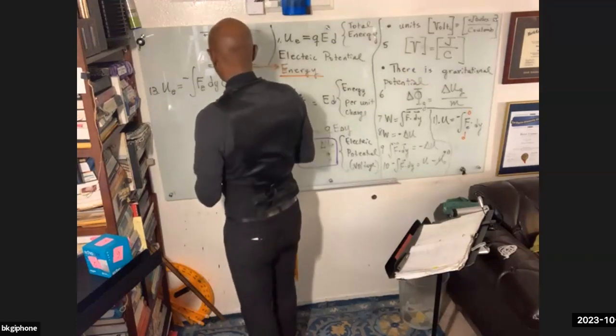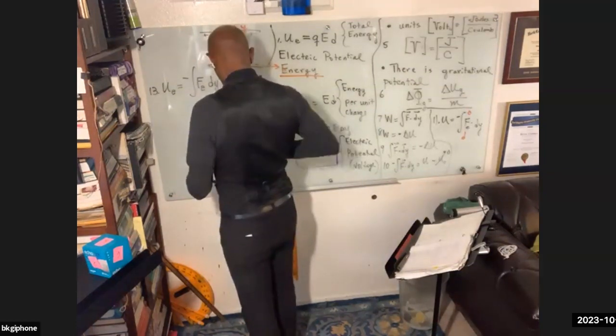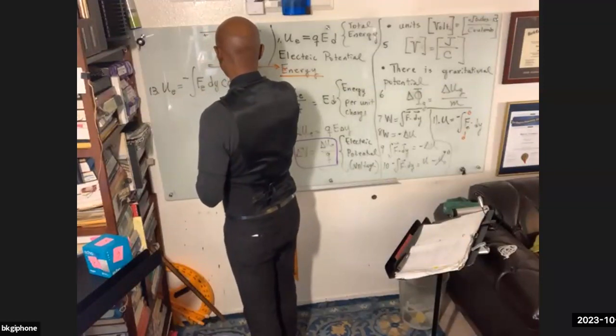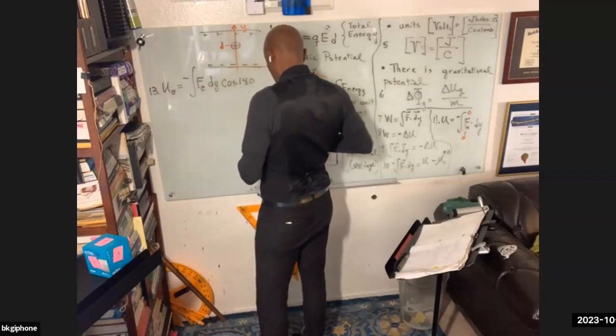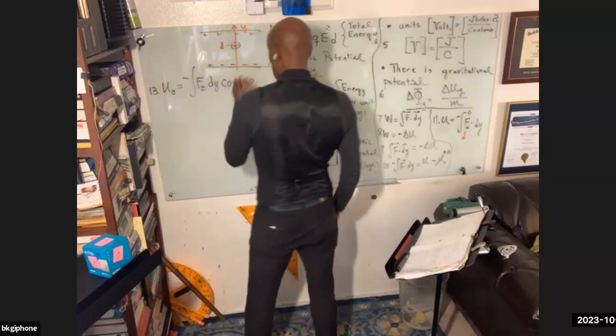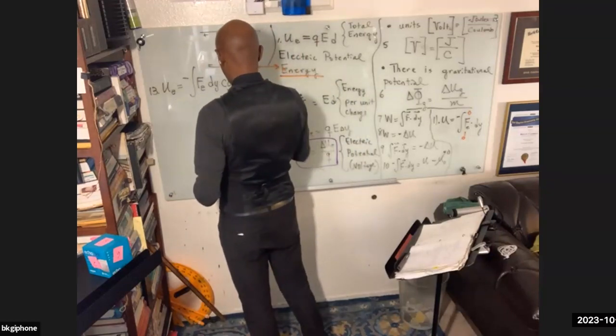And again, we can make the note that a mass raised to height d then accelerates down when you let it go. So this kicks out another minus sign, minus 1.